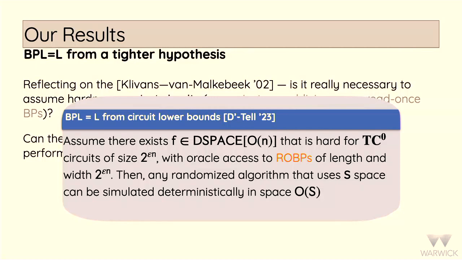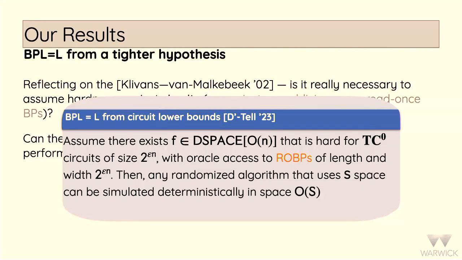So assume we have a function in linear space that's hard for TC0 circuits of size 2^(εn) with oracle access to those ROBPs of length and width 2^(εn). Then we can take any randomized algorithm that uses S space and simulate it deterministically in space O(S).